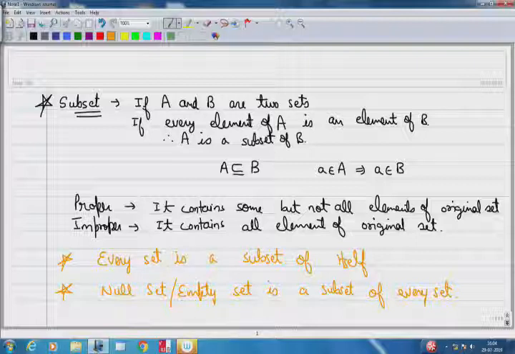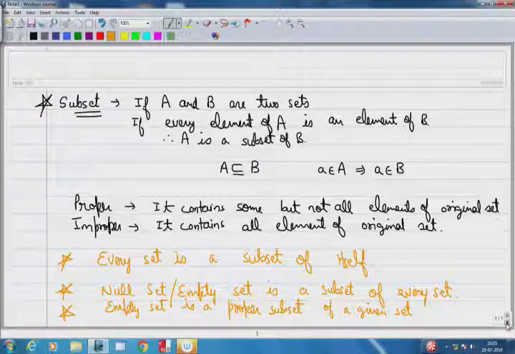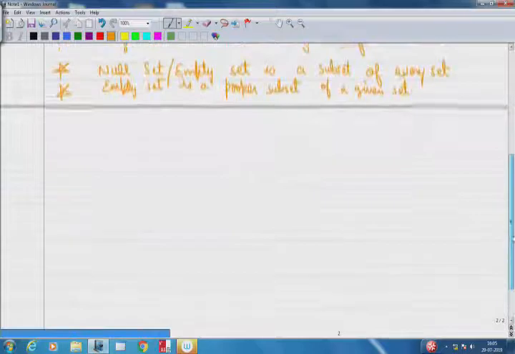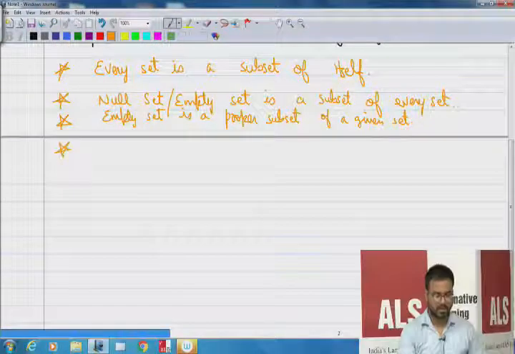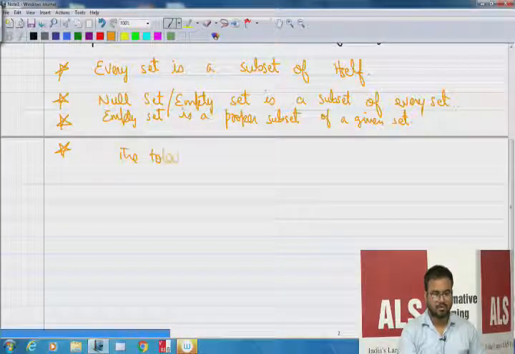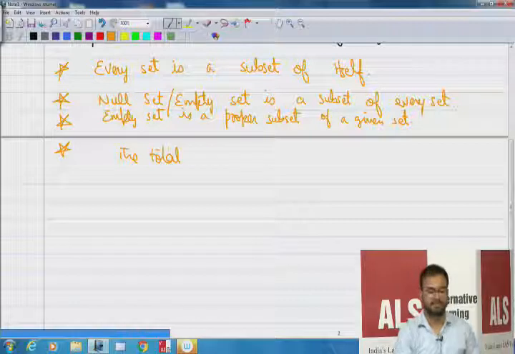And we can also say that the empty set is a proper subset, because proper subset means it does not contain all the elements, it contains some of the elements. So the empty set is a proper subset of a given set. These are the 3 points, and one more point which we can note down: the total number of subsets.